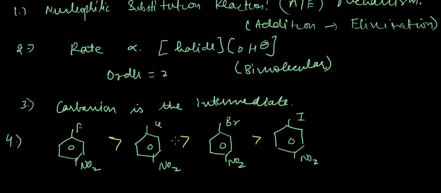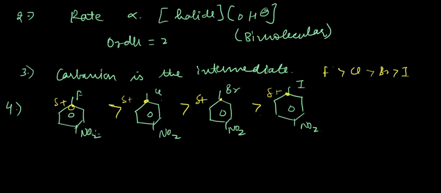Obviously it is of this order, because the incoming OH minus group would be seeing how much partial positive charge the carbon atom has. As you can see, the electronegativity order is decreasing, hence the rate of nucleophilic substitution reaction would also be in decreasing order, because this carbon atom would have the highest partial positive charge because of a strong minus I effect.